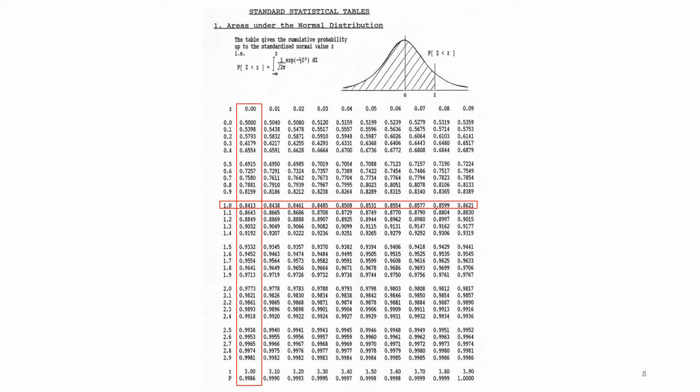So 1 minus probability of z less than or equal to 3.9 will be much less than 1 minus probability of z less than or equal to 1. So we are going to ignore probability of z less than or equal to 4 and we'll just calculate the probability of z less than or equal to 1, which is 0.8413.